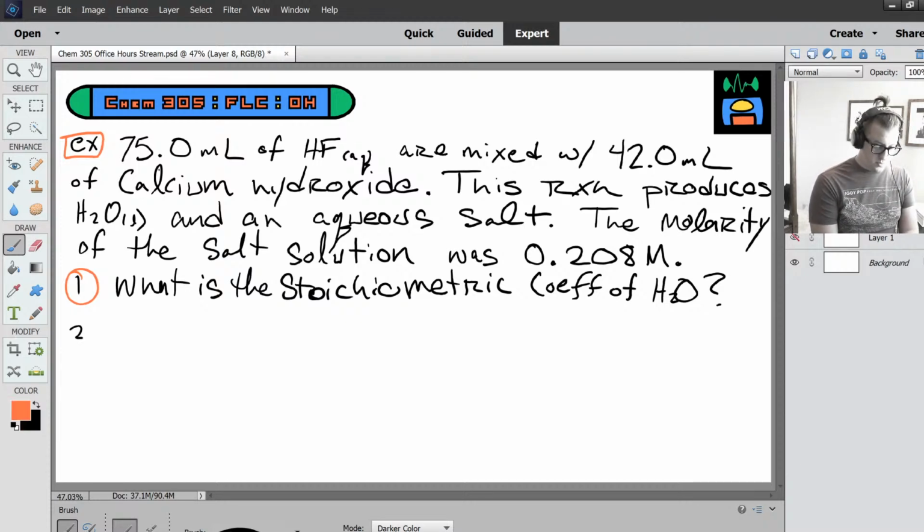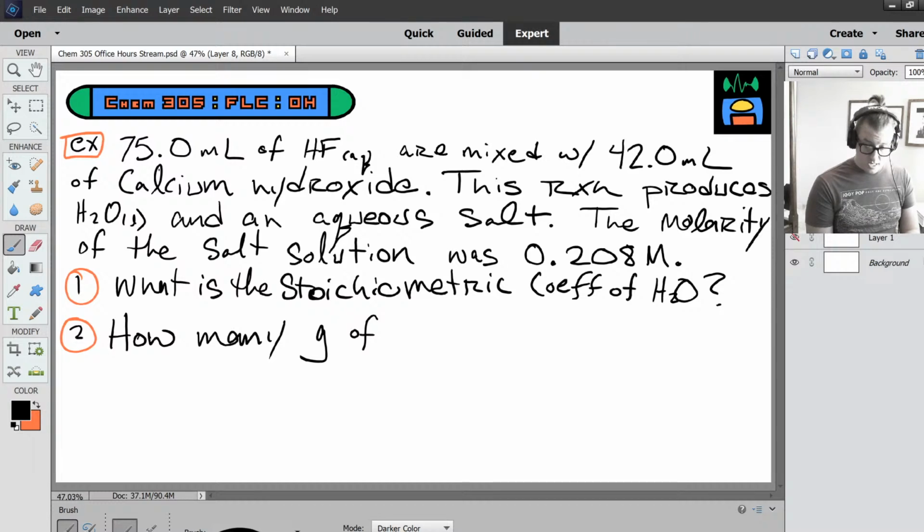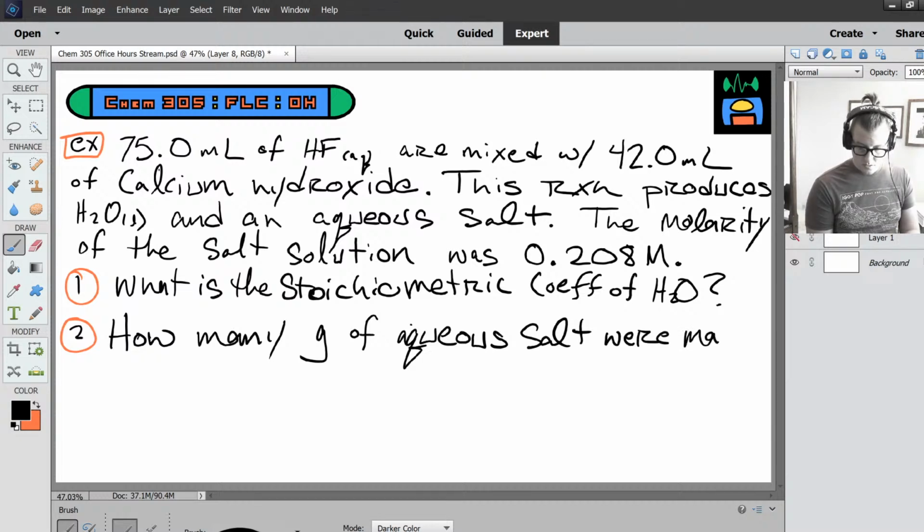Number 2: how many grams of aqueous salt were produced, or were made?